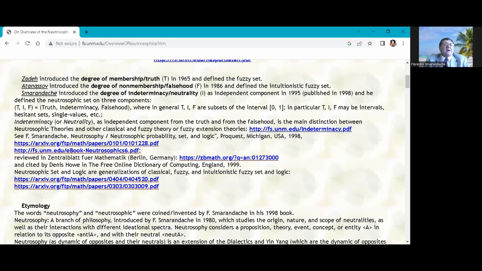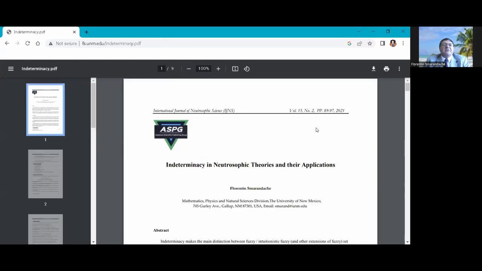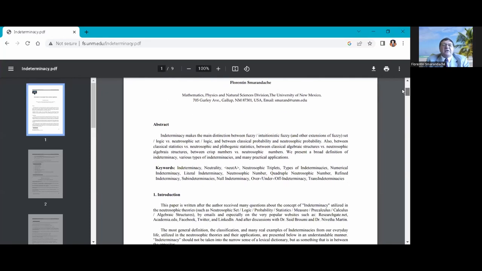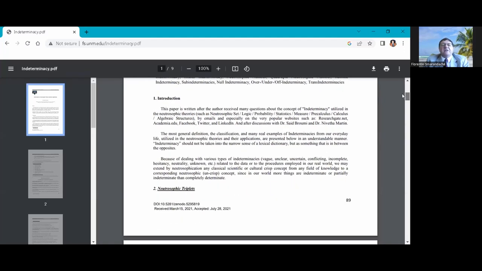Further on, going on in the indeterminacy and neutrality, which is the most distinction between Neutrosophic set and any other sets, I made the difference between all kinds of Neutrosophic sets. For example, indeterminacy in Neutrosophic sets is everything which is between the opposite A and the anti-A.